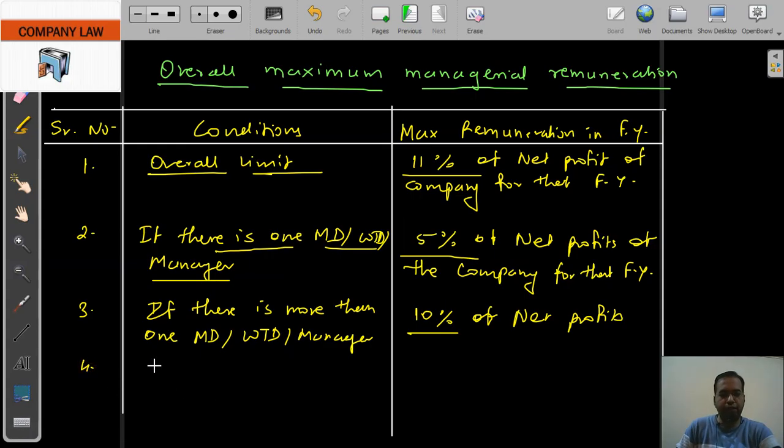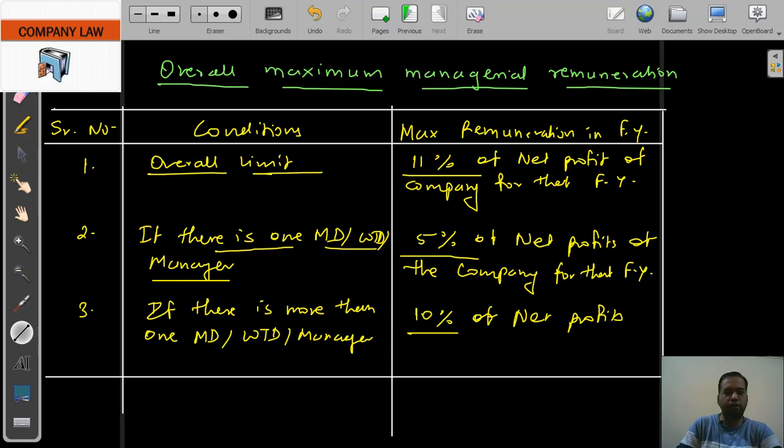There is one more limit, but I think these three limits are enough. So we can just note down these particular limits.